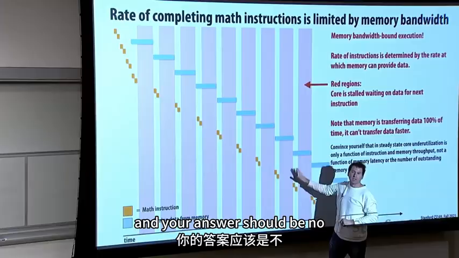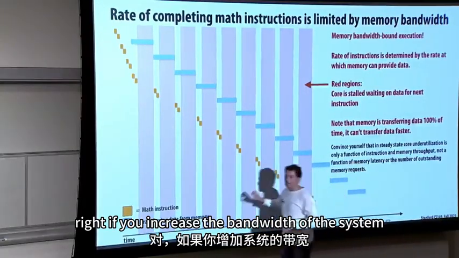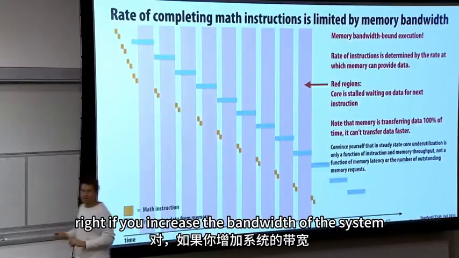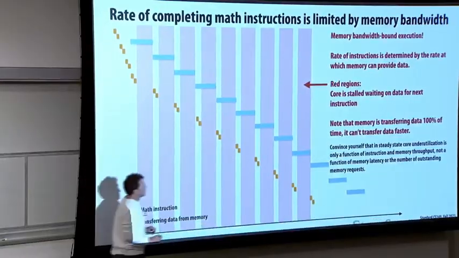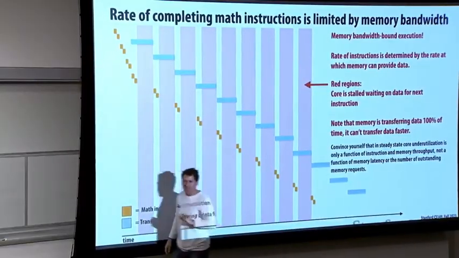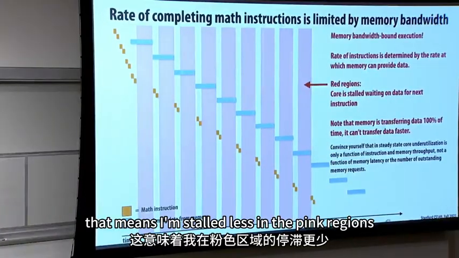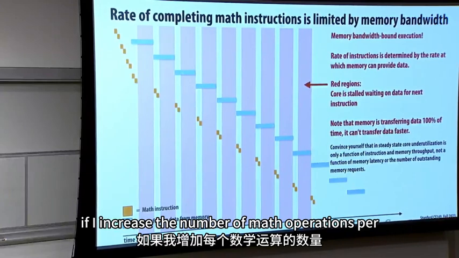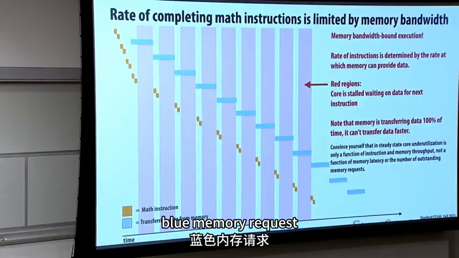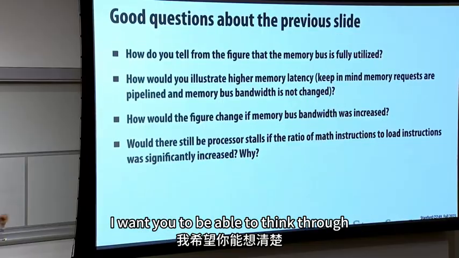And your answer should be no, as long as you can hide that latency. If you increase the bandwidth of the system, what would happen? The blue bar should shrink. And if the blue bar shrinks, that means I'm stalled less in the pink regions. If I increase the number of math operations per blue memory request, utilization goes up. Those are all things that I want you to be able to think through.